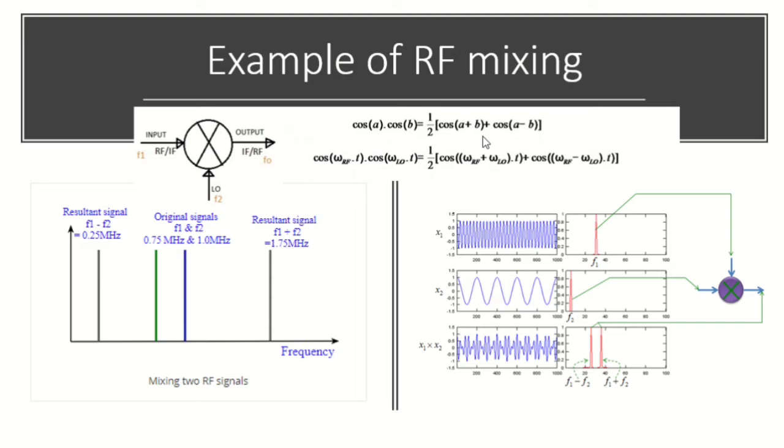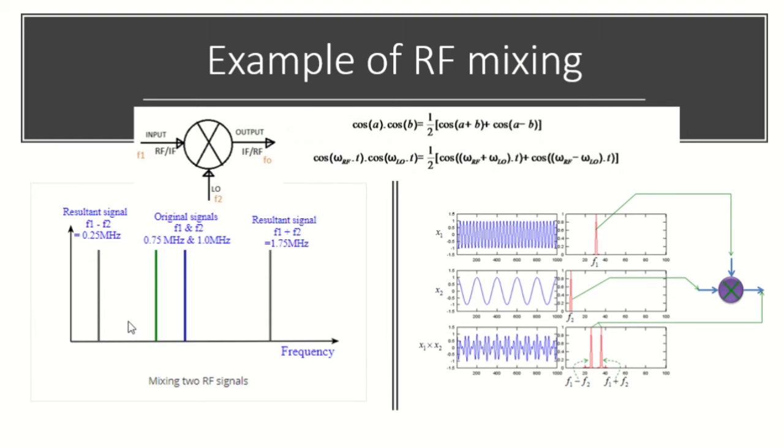So omega equal to 2 pi F kan. So daripada sini kita dapat output adalah frekuensi RF plus frekuensi LO, dan juga frekuensi RF minus frekuensi LO. So this has the output ni ada dua. Okay, so yang sebelum saya tunjuk F1 plus F2 dan juga F1 minus F2 sama.